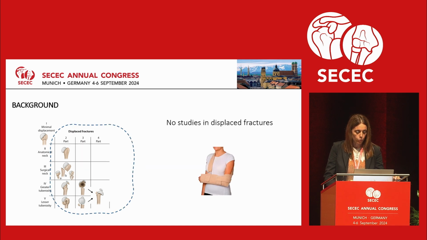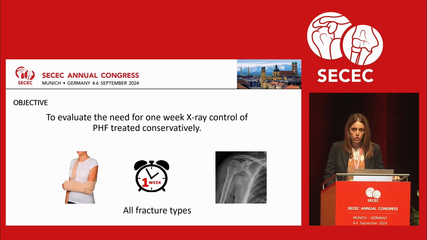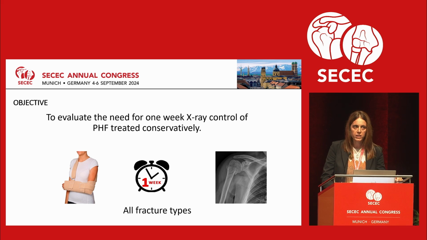To date, no studies have been performed in displaced fractures. So the aim of our study was to evaluate the need for 1 week X-ray control in patients with proximal humeral fractures treated conservatively for all fracture types, displaced and non-displaced. We hypothesized that 1 week control would not provide any advantage in the treatment of these fractures.